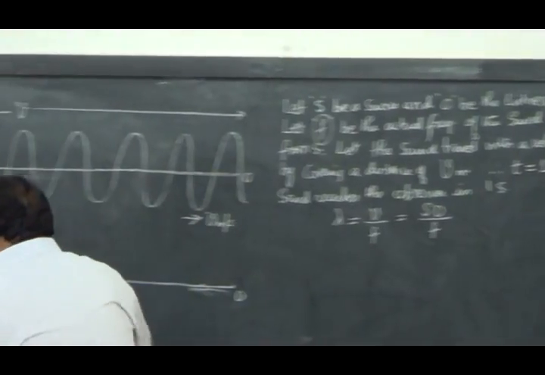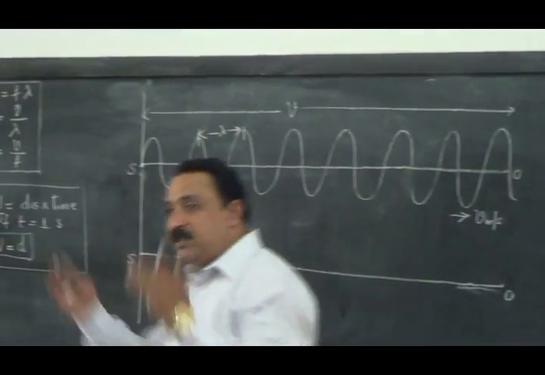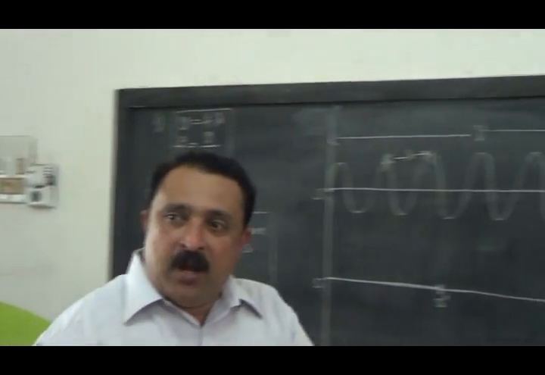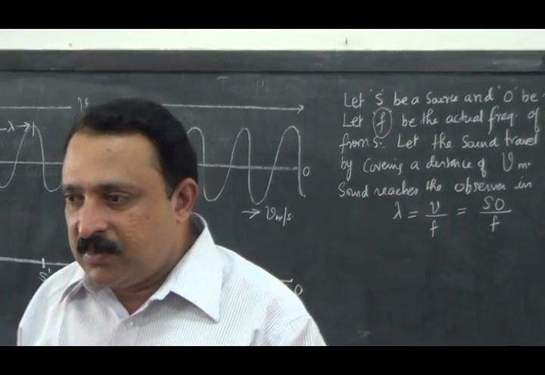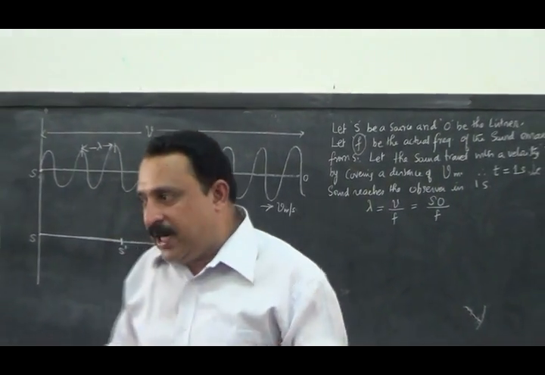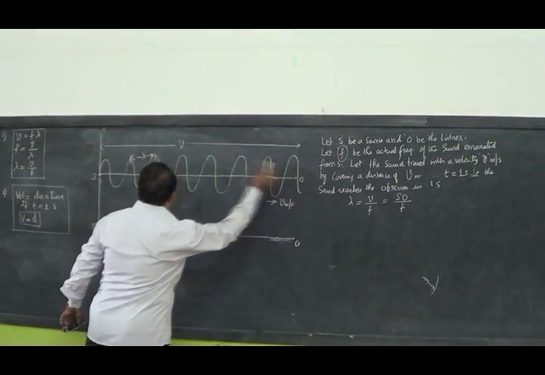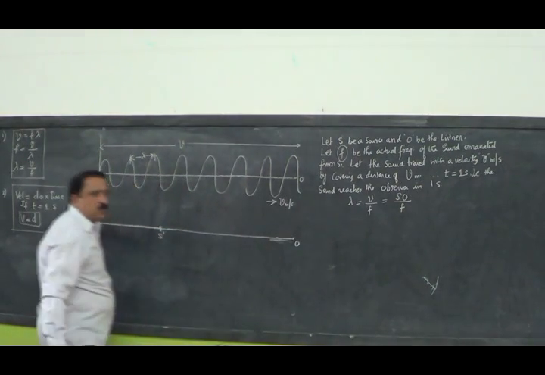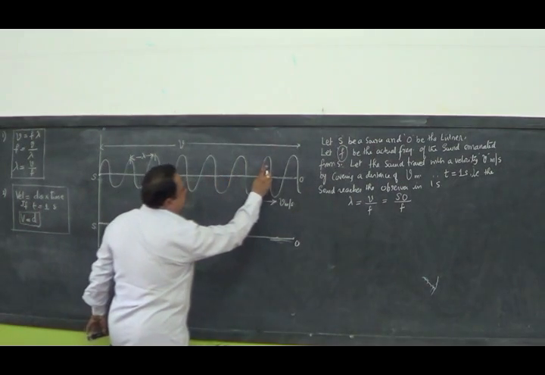When the source moves towards the observer, what case is it? Towards case or away case? Towards case. In the towards case, is the frequency more or less? More. Is lambda less or more? Less. So all these waves from S to O must now be accommodated within S dash to O. What is the frequency? 1, 2, 3, 4, 5, 6, 7, 8.